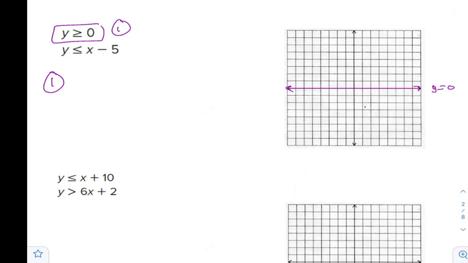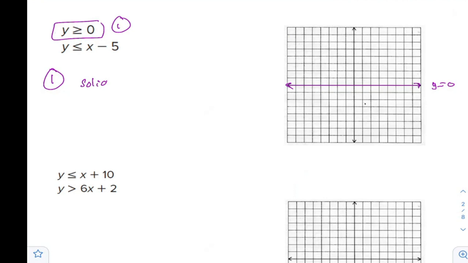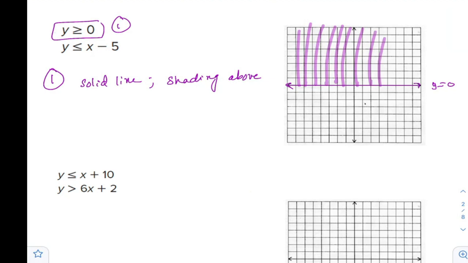When I match the line, I used a solid line. And now the shading will be above the line because it's more than or equal to 0. So I will shade above. y is more than or equal to 0, greater than, so definitely above the line.